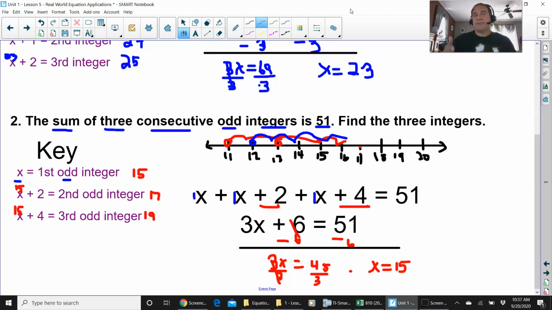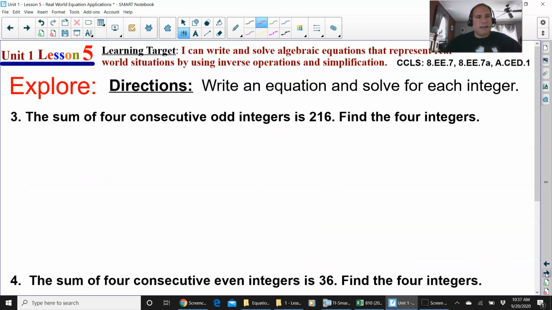And then x plus 4 is the third consecutive odd integer in that line. And this number line basically shows you that you would have to add 2. No matter where you started on the number line, you would have to add 2 to each number to get to the next odd or even integer. And that is that.